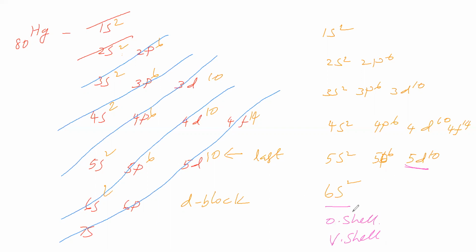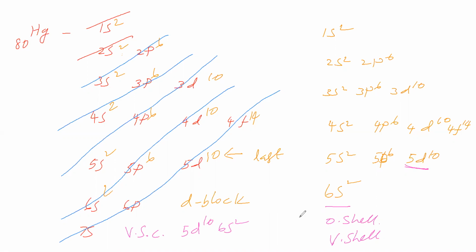In this mercury, the outermost shell configuration is 6s2. Since it is considered a d block element, and the last electron goes to the d orbital, we say the valence shell configuration is 5d10 6s2.